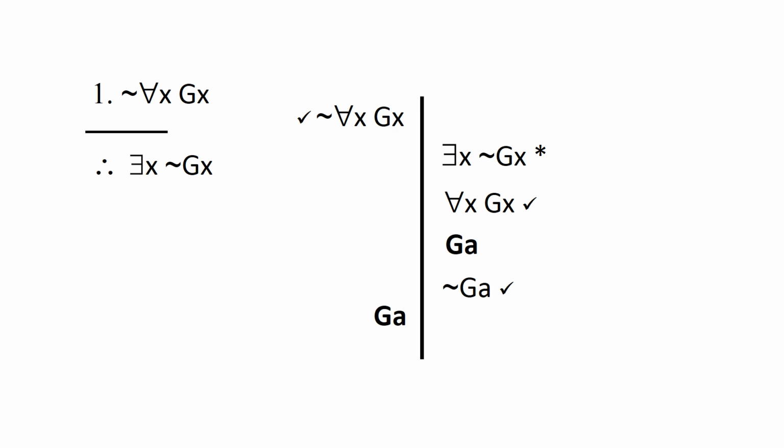GA is true and false on this path, which violates bivalence. And that means that path closes. Since every path in this tree closed, all one of them, that means that this argument is valid. Well, of course it is. It's a little quantifier negation argument, but here's how you do a truth tree for an argument using quantifiers.